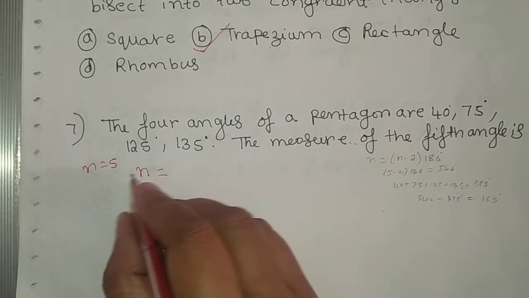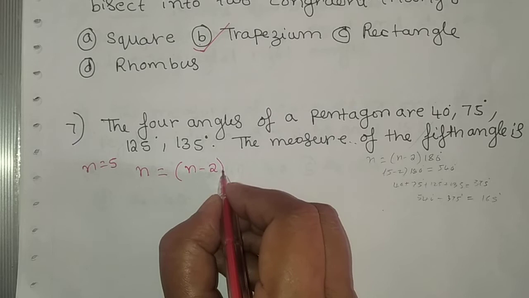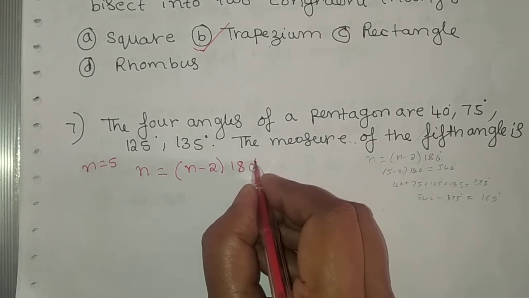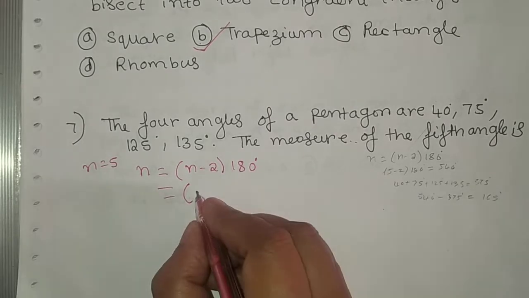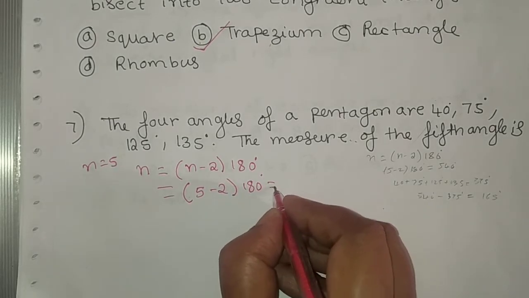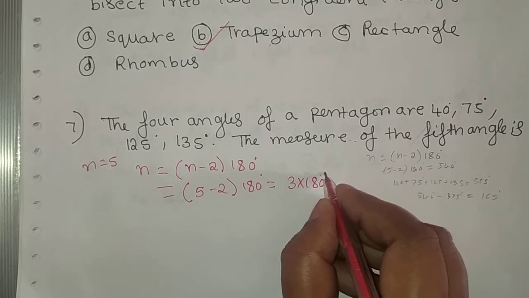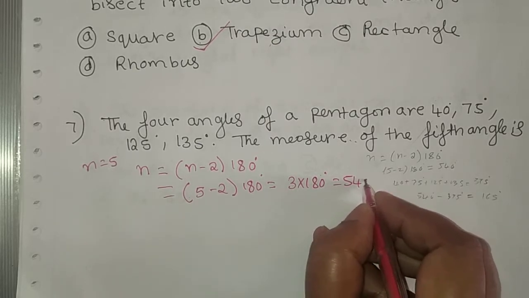Four angles are given, but pentagon has 5 sides. Therefore n minus 2 into 180 degrees, so 5 minus 2 into 180 degrees. Therefore this comes 3 into 180 degrees, which is equal to 540 degrees.